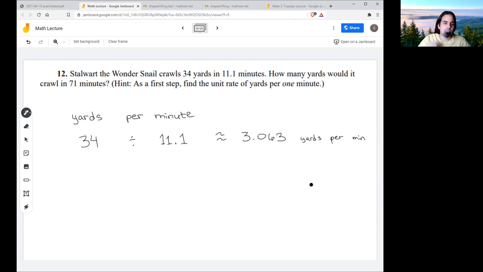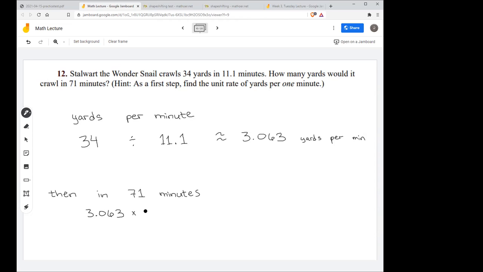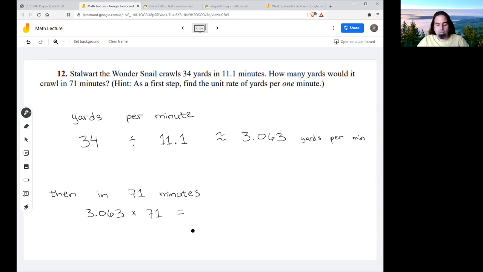Then what? Would you multiply that by 71? Exactly. Now, if I could somehow hold up my calculator in a way that made it legible, I would do that, because I don't have to actually worry in real life about how much rounding I did here. That's just because I have a whiteboard. I have a number sitting on my calculator screen that's not rounded.